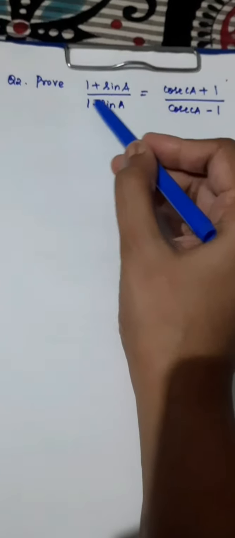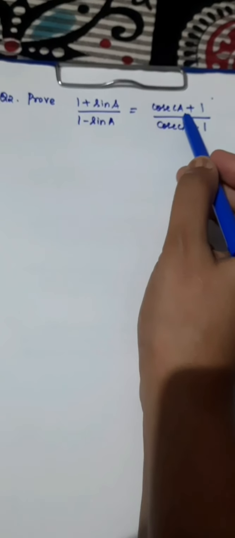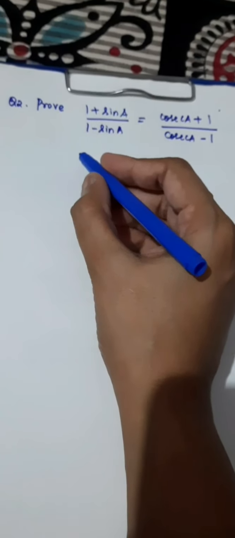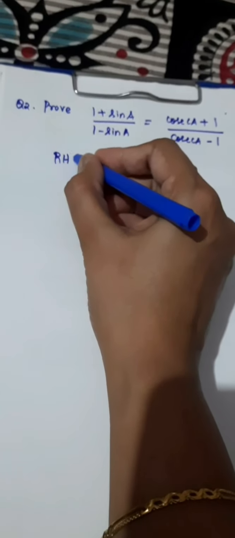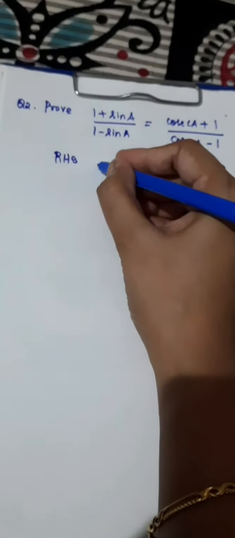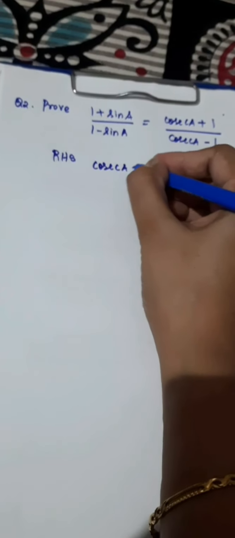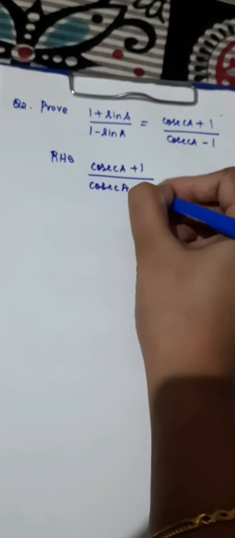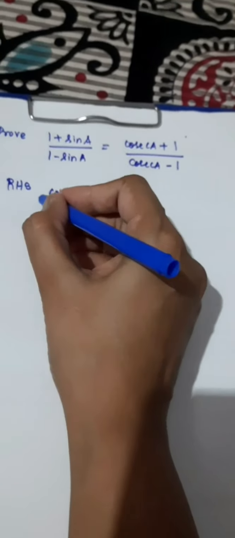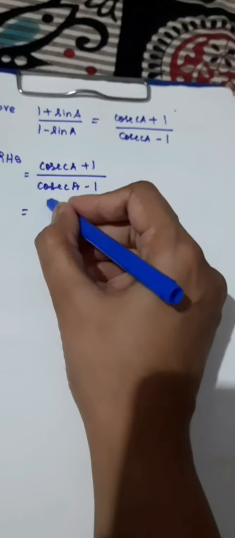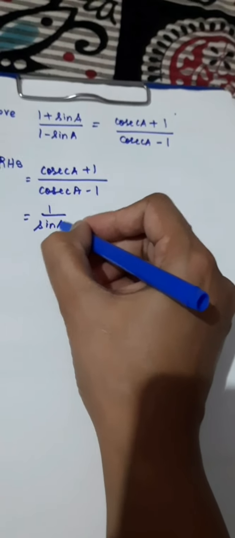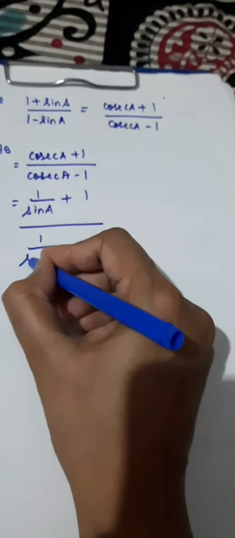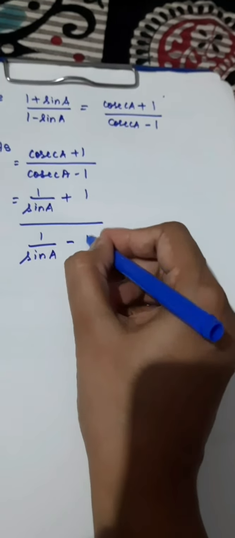Next question 2. Prove (1 plus sin A) by (1 minus sin A) equal to (cosecant A plus 1) by (cosecant A minus 1). So here we can take the RHS, (cosecant A plus 1) by (cosecant A minus 1), which can be written further, as cosecant A is a reciprocal identity, as (1 by sin A plus 1) by (1 by sin A minus 1).